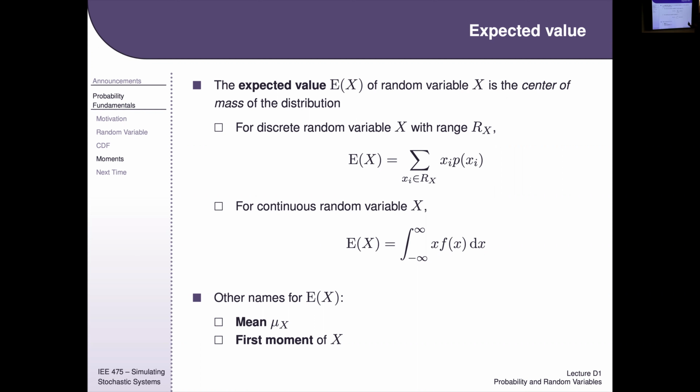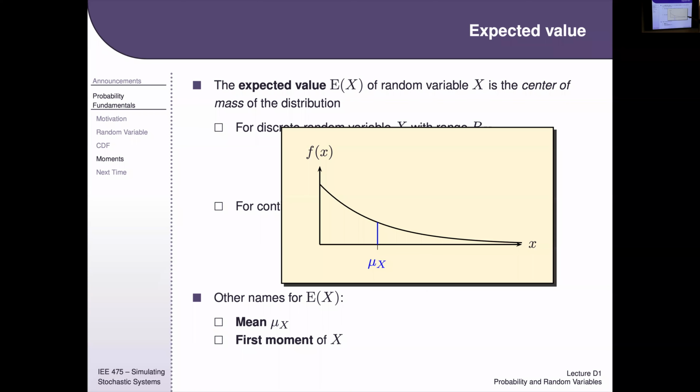Think of a torque: if you've got a lever and you put a bunch of weight out at the end, you generate a torque, also referred to as a moment, which is the distance of the lever times that weight. Distance times weight gives you moment, and that's why we refer to this as the first moment.